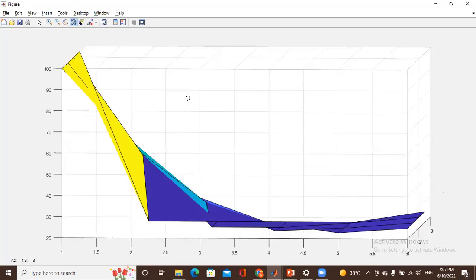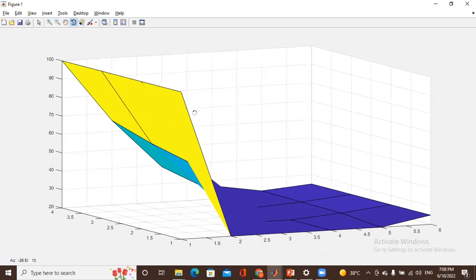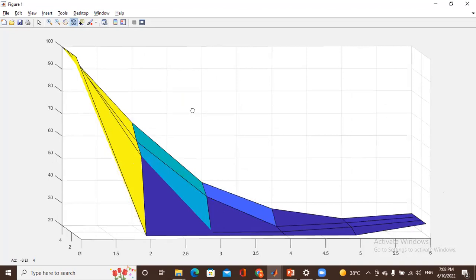Now we rotate this graph, then we get the boundary condition and initial condition also, and this is the indication of the point. Suppose here we click, then this point is the indication: when x is 2, y is 2, our value is 53.91. What is x? X is our x, but y is nothing but t.